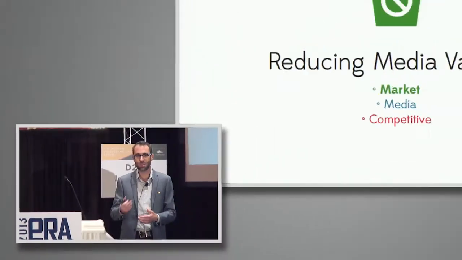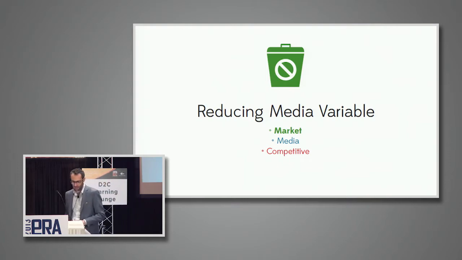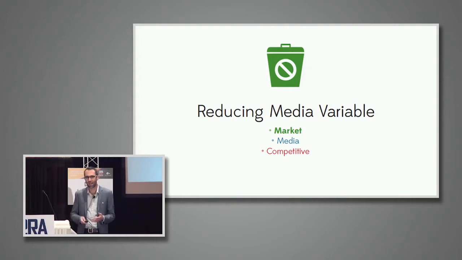What we want to do to help maximize results is really do a lot of research up front to eliminate the media variable. So what we want to find out is who the target consumer is for your product or service, where we can find them, and also if you have competitors in this market, what your competitors are already doing as well.